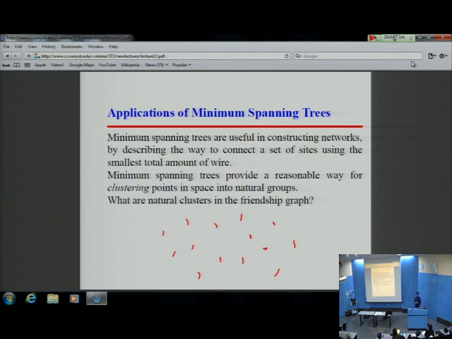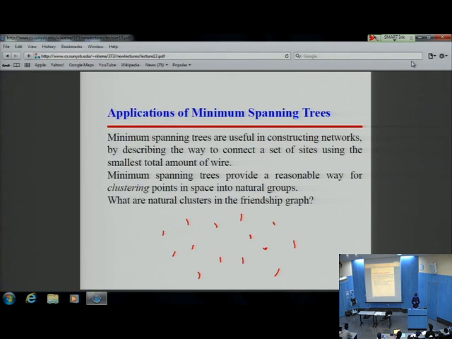Let's say the distance between pairs of houses is their Euclidean distance, and the cost of connecting them by a wire, by cable television, is proportional to the length of the wire. This makes sense. If you have to put 3 miles of wire to connect my house to yours, that's going to be more expensive than a 100-yard connection.